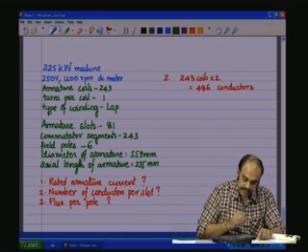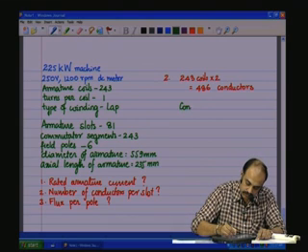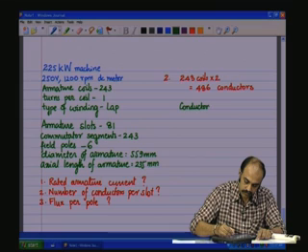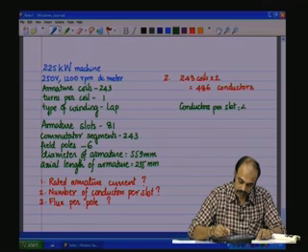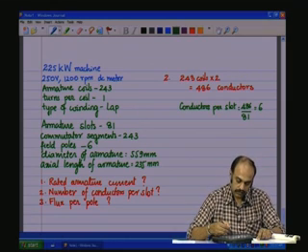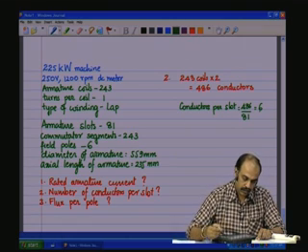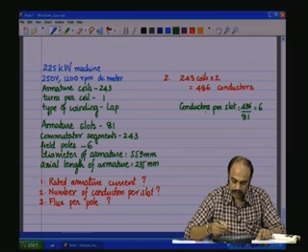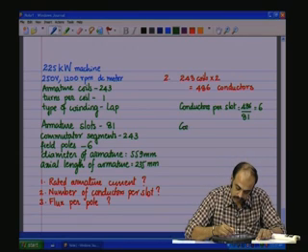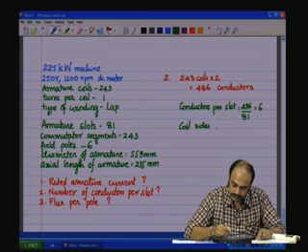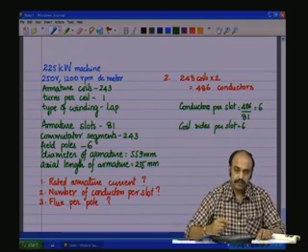There are armature slots, 81 slots. So, conductors per slot is 486 by 81, which will be 6 conductors per slot, and the coil sides per slot is also 6, because there are 6 coil sides in a whole coil.